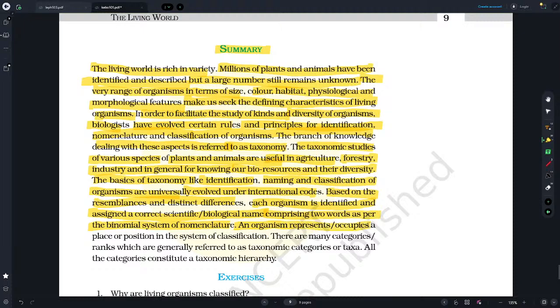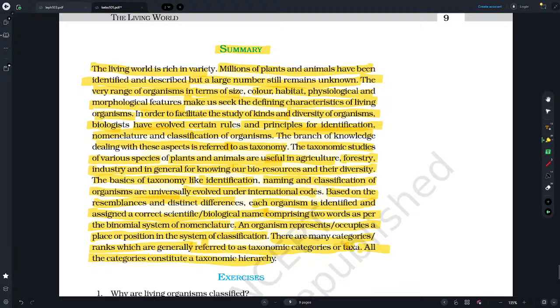An organism occupies a place or position in the system of classification. There are many categories, ranks, which are generally referred to as taxonomic categories or taxa. All the categories constitute a taxonomic hierarchy.